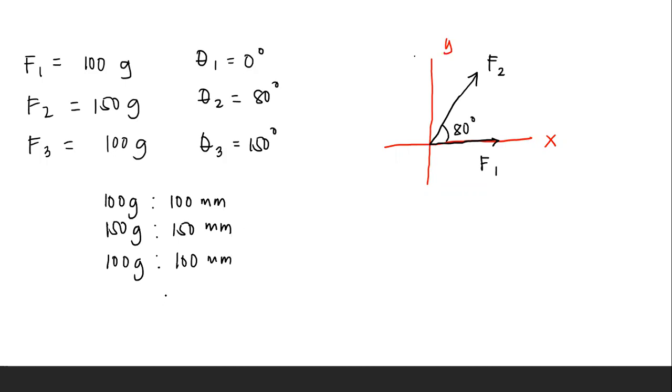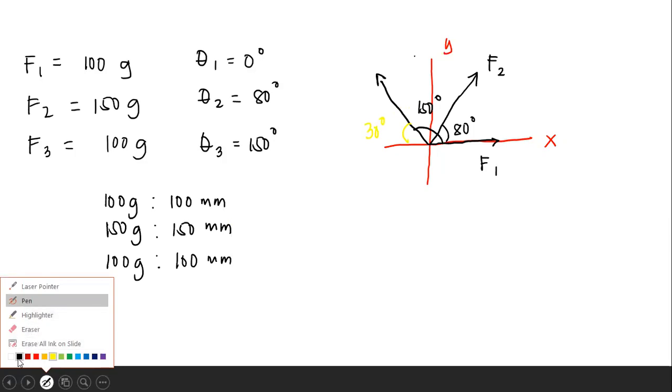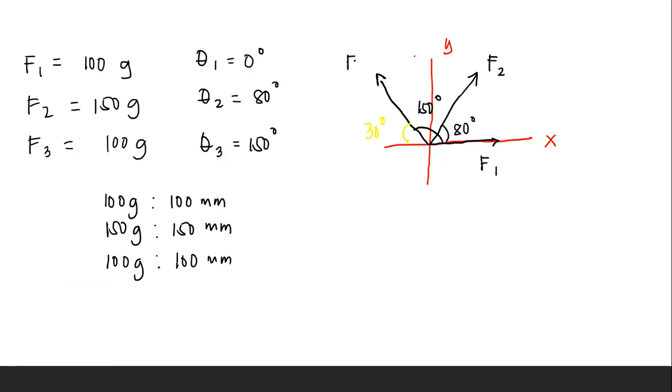Then your F3, 100 grams, which is 150 degrees. Therefore, this one is 150 degrees. If that is 150 degrees, of course, this one is 30 degrees. Okay, F3.